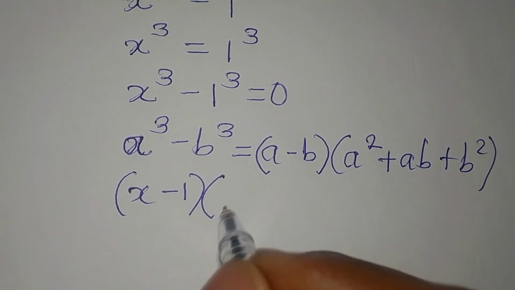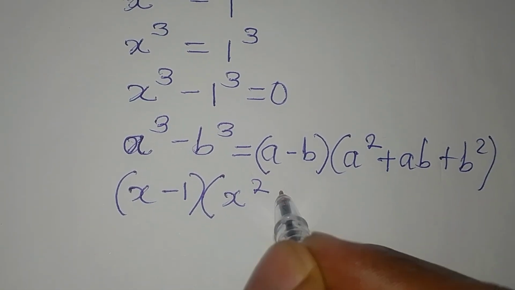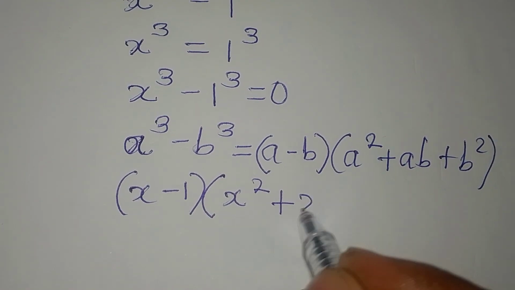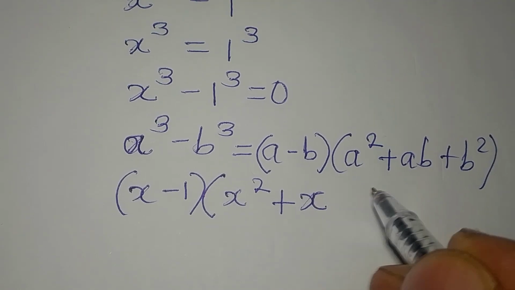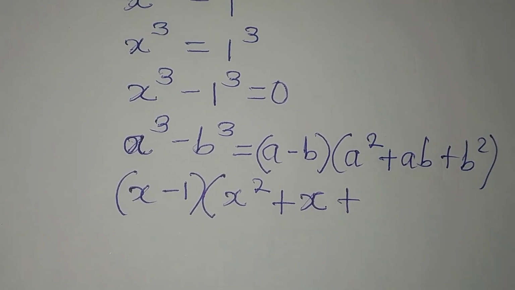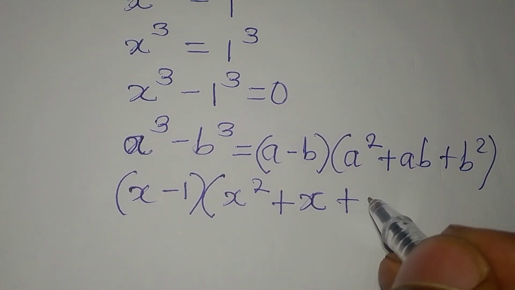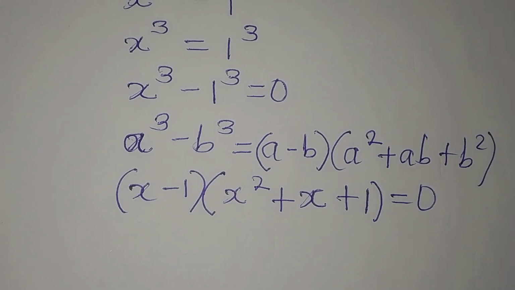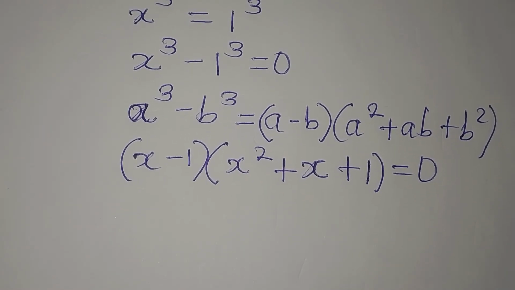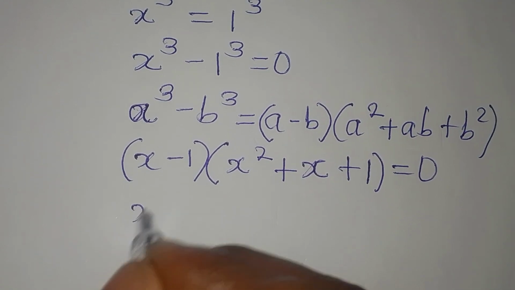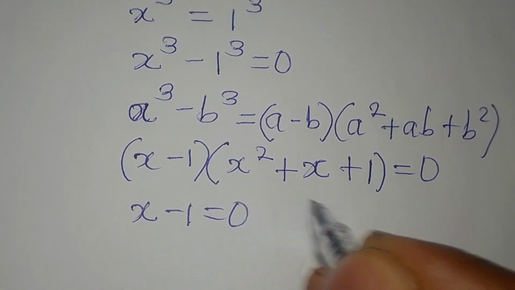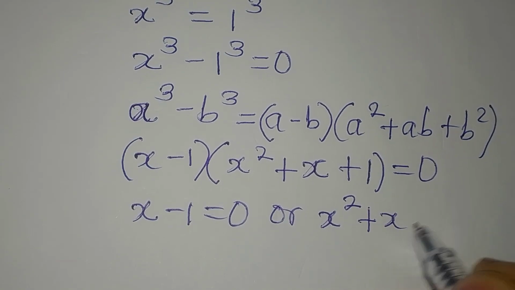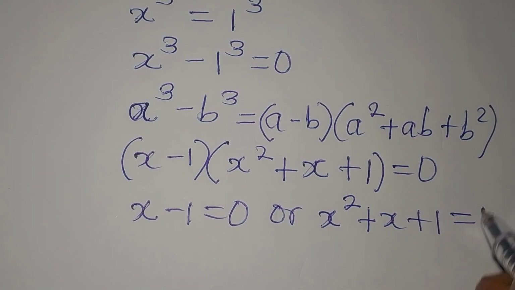Then here a squared is x squared, plus ab, that is x times 1, and is equal to x, plus b squared, that is going to be 1 squared, and 1 squared is still 1, so we equate to 0. Now we apply the zero product rule. It's either x minus 1 is 0 or x squared plus x plus 1 is equal to 0.